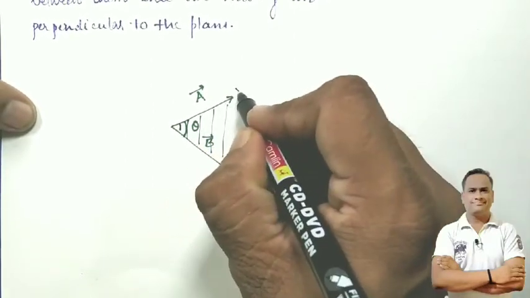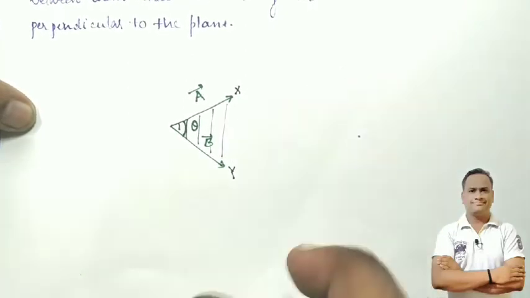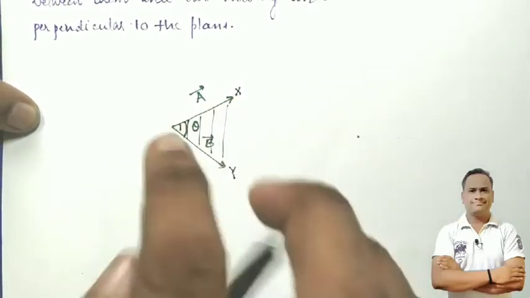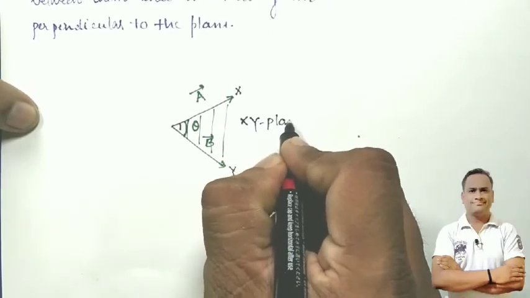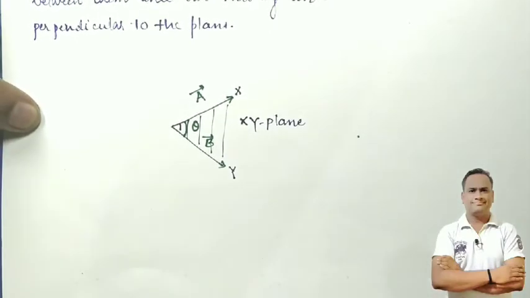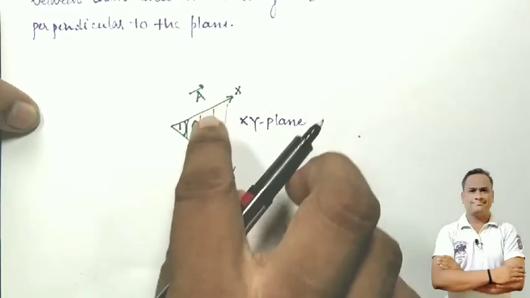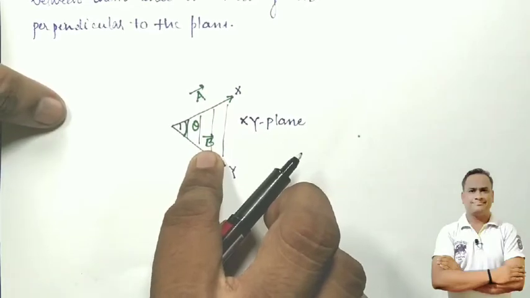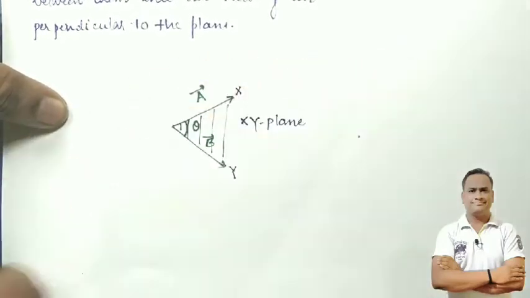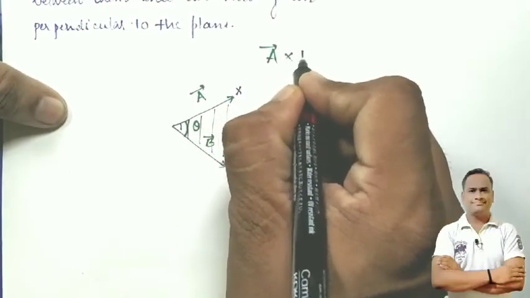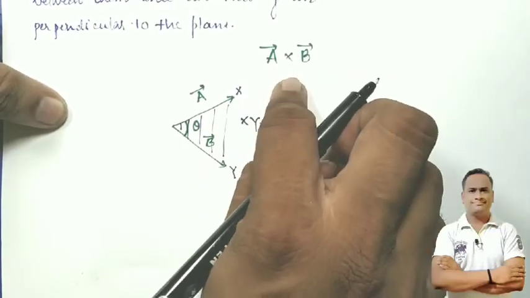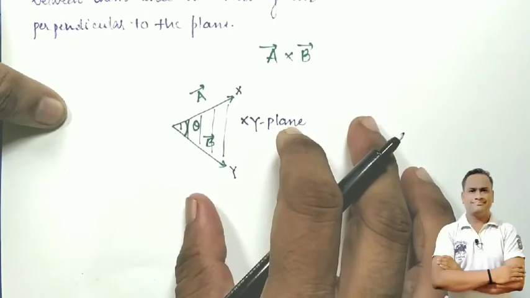If this is supposed to be the x-axis and this the y-axis, then this is an xy plane where the z-axis is 0. So in order to calculate the vector product or cross product of these two vectors, we take vector A cross vector B, because here we have to take the magnitude as well as the direction.